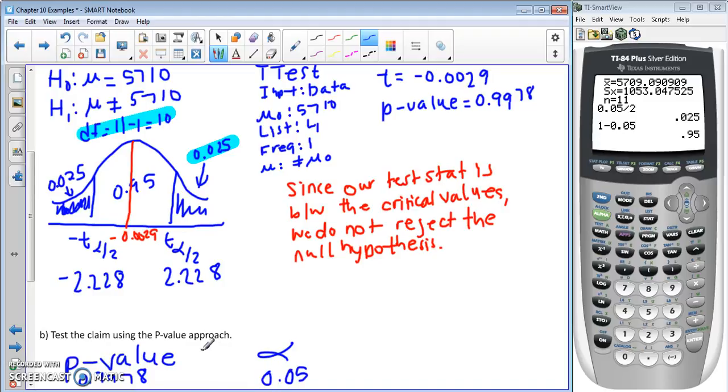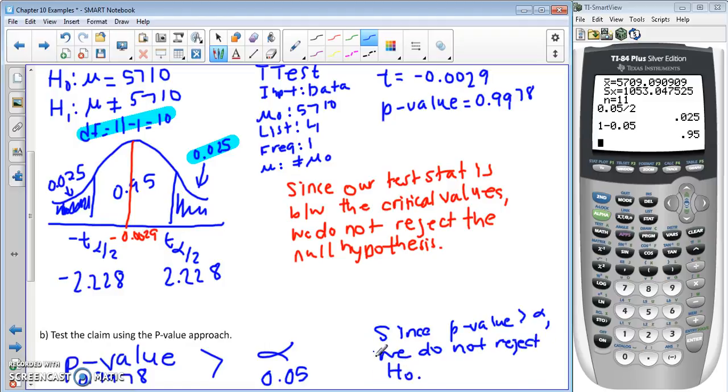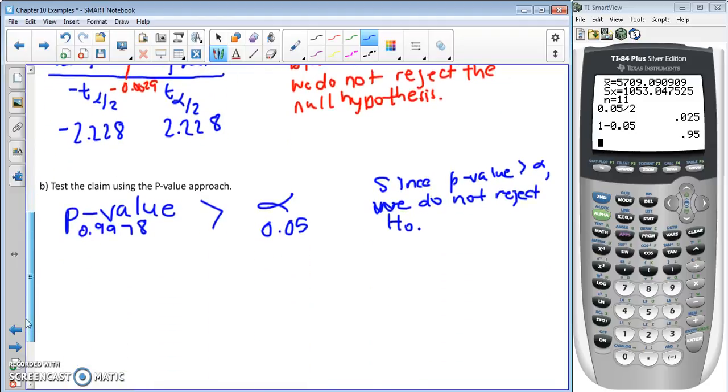So our p-value is greater than alpha. So since our p-value is greater than alpha, we do not reject our null hypothesis. As you can see, we're getting the same conclusion no matter what result we use.